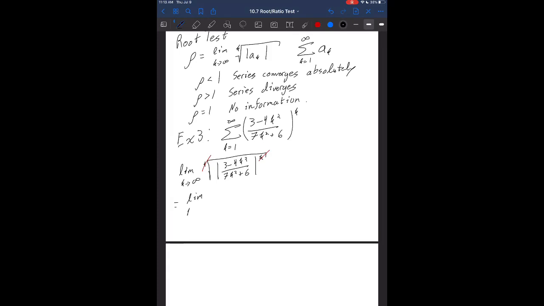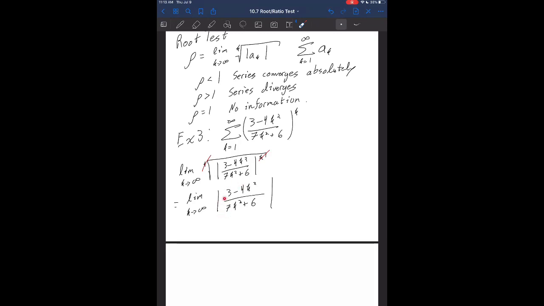Again, as I mentioned before, the kth root and the k are going to cancel, and so we're left with the limit as k goes to infinity of the absolute value of 3 minus 4k squared over 7k squared plus 6.